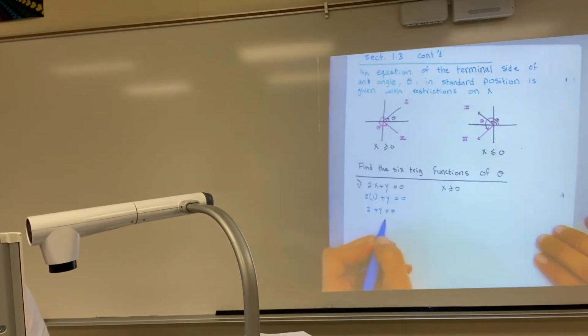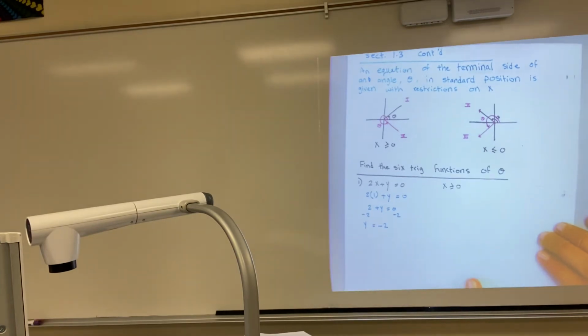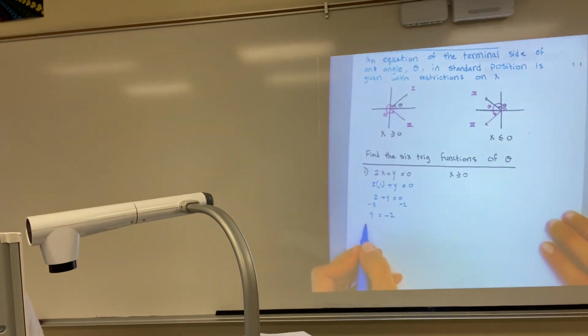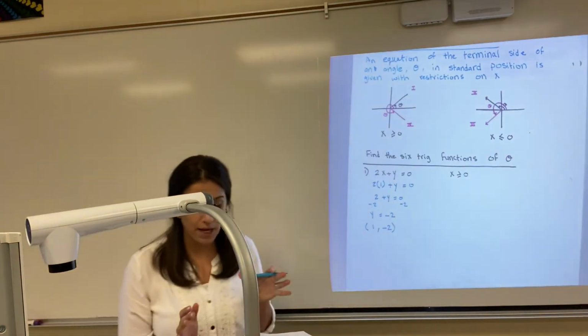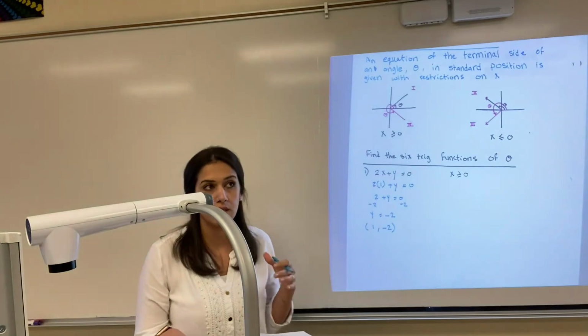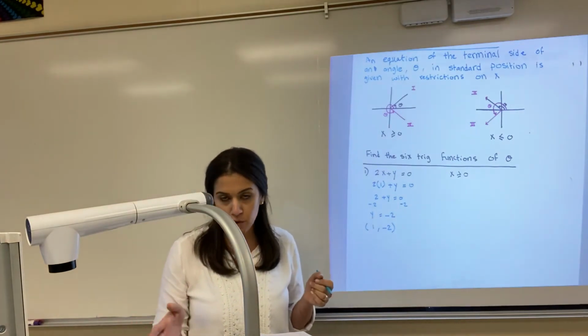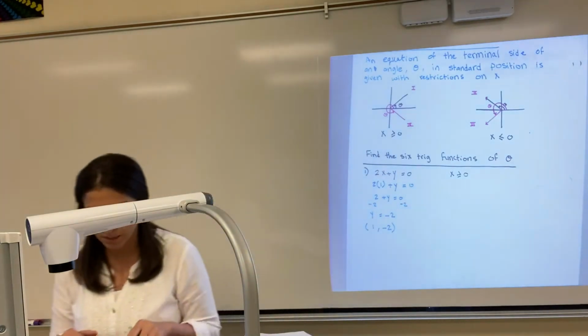I'm going to subtract 2 from both sides. So y equals negative 2. So here I can say my point is 1, negative 2. You can pick any value for x as long as it's greater than 0, but we choose to pick 1 because it's easier.